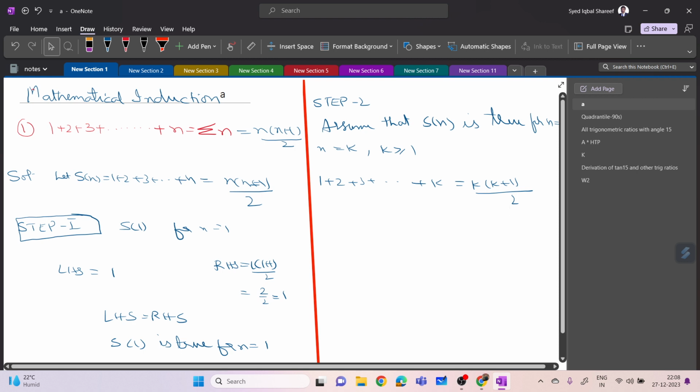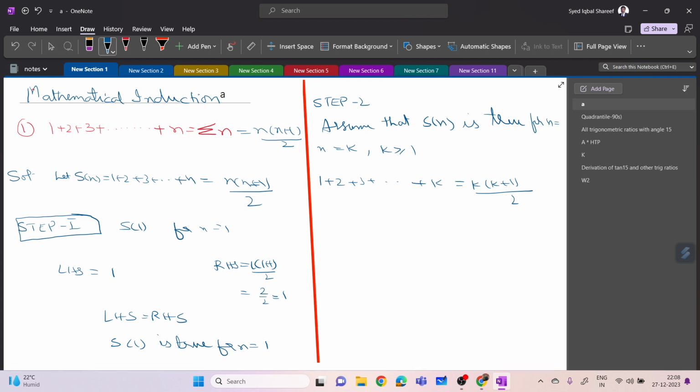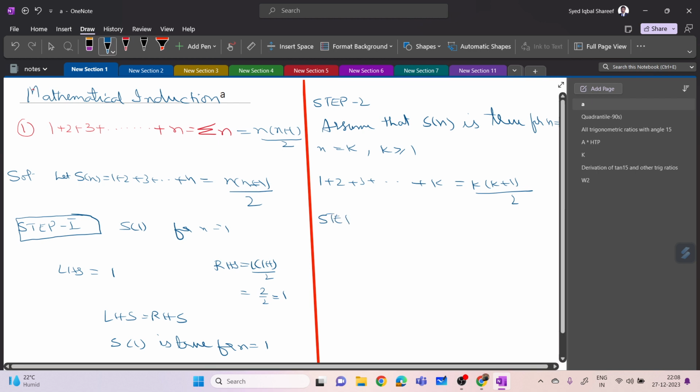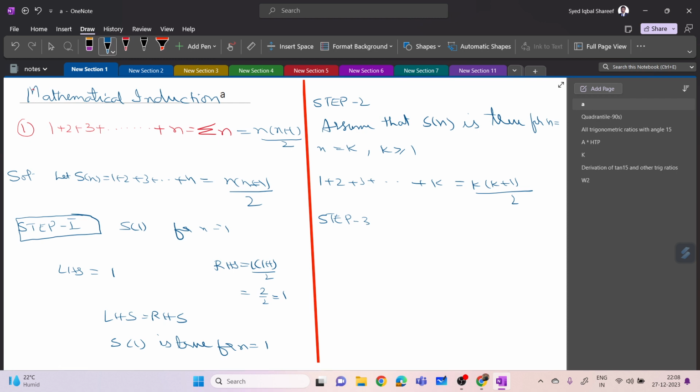Step 3. We will prove that S of n is true for n equal to k plus 1.